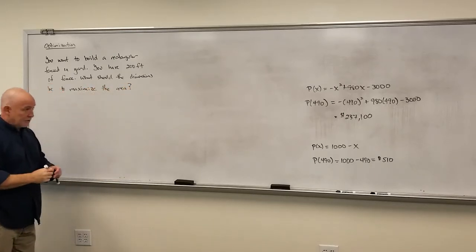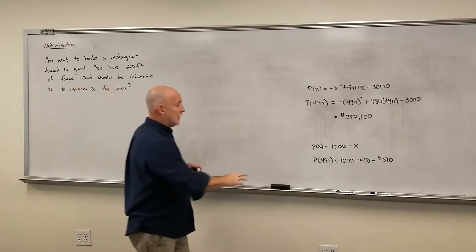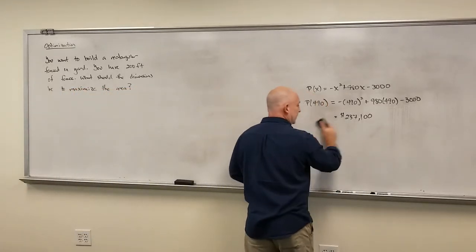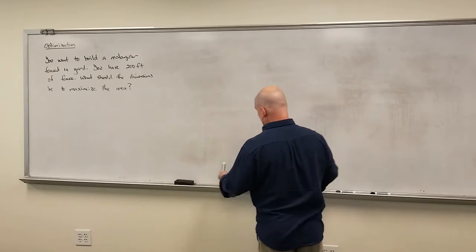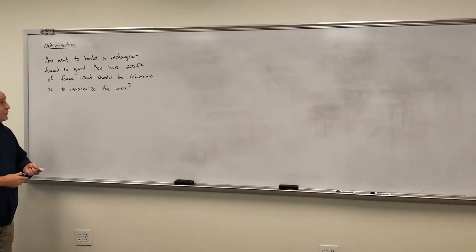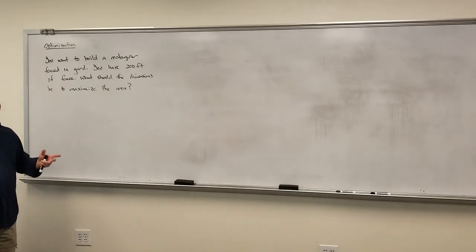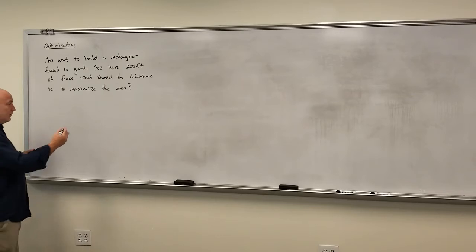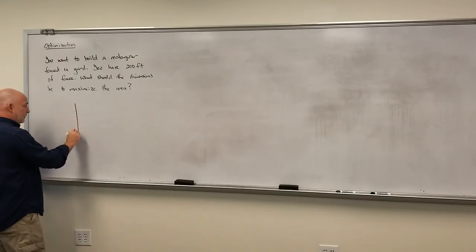All right, now this is a pretty basic question that you're going to run into in optimization problems. So here's the idea. We want to build a rectangular fence around our yard. We know we have 200 feet of fence because that's what we bought. And we want to know what we should make the length and the width to get the most area on the inside, because we want our dog to have the most room to run around.